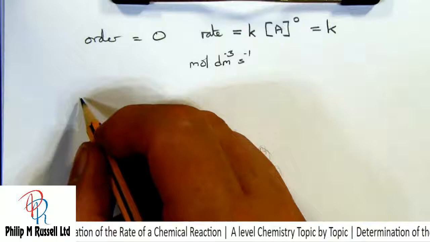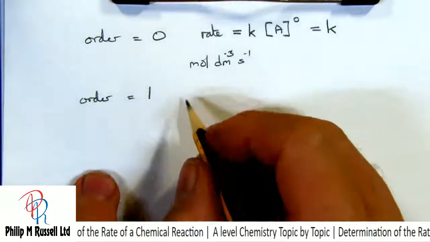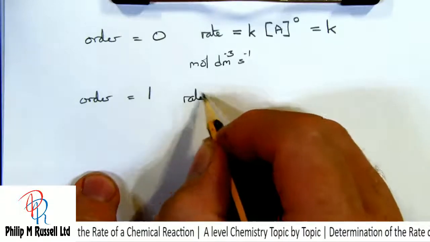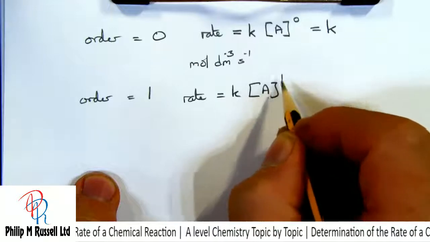If we've got an order of 1, then my rate equals some constant times A to the 1.